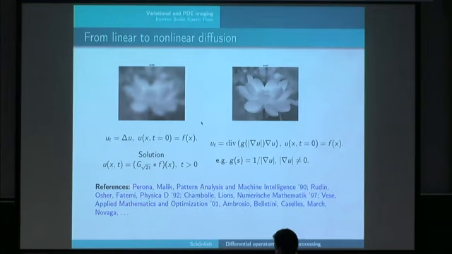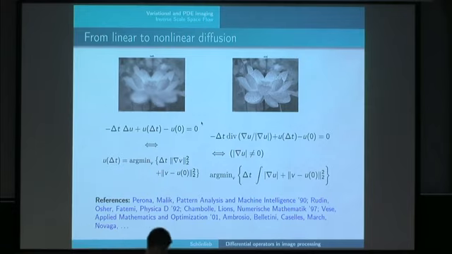One of them is Perona and Malik, which turned the linear diffusion that you can see here in the heat equation into a nonlinear diffusion, weighting the diffusion with a diffusion coefficient which should aim to diffuse less in areas where something is happening, which is quantified by the size of the gradient of the image, and should diffuse more in areas where the gradient of u is small. So this is given here.